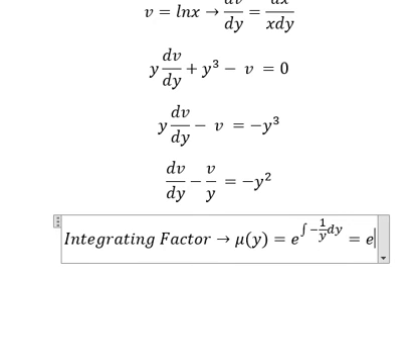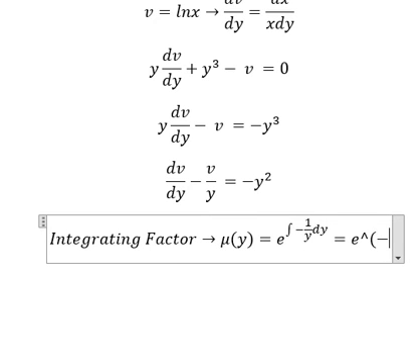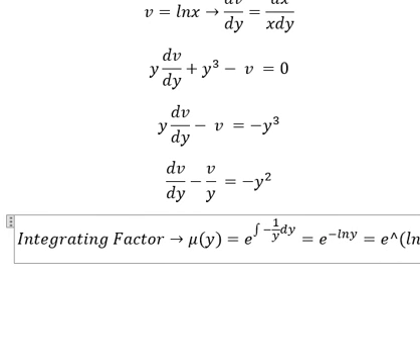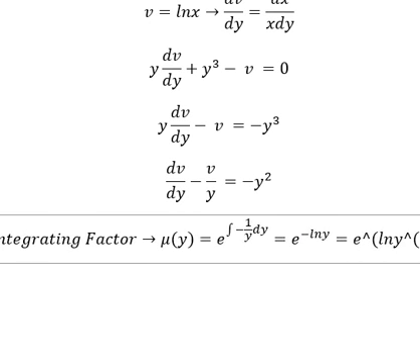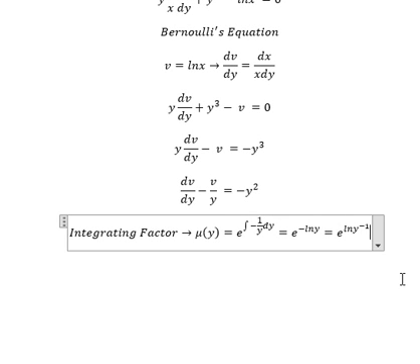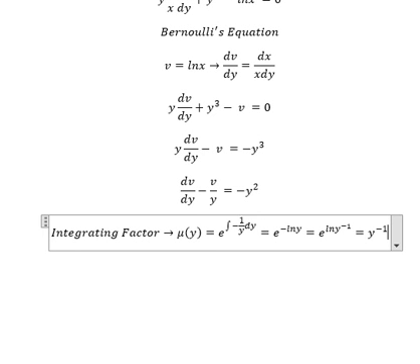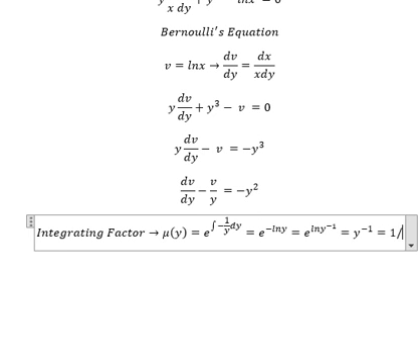And this one we have e to the power of negative ln y. So I will put the negative inside the natural log here. And this one we have y to the power of negative 1, which is 1 over y.